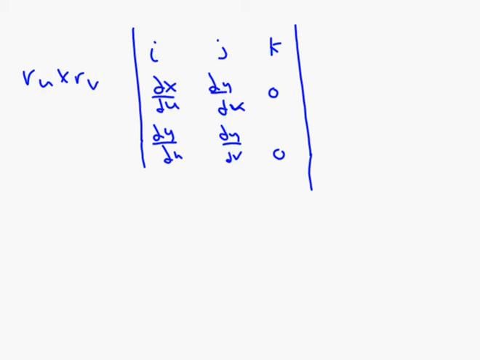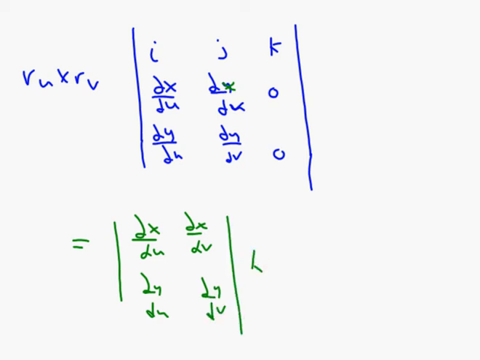So actually, the only thing that's left is the following: partial x partial u, partial x partial v, partial y partial u, partial y partial v, times k. And that's what you end up with.